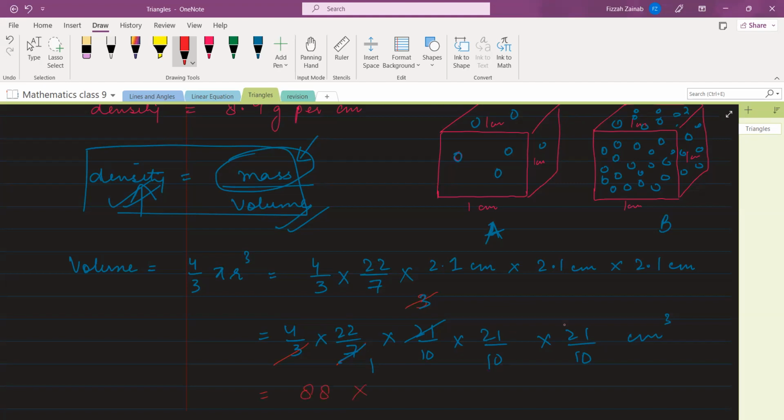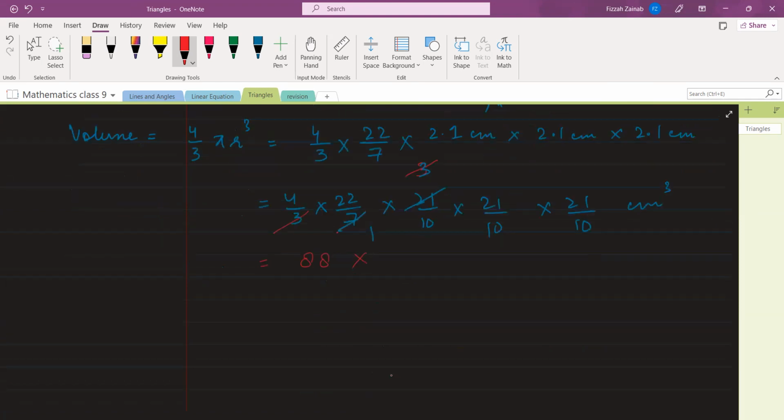And now multiply 21 into 21 quickly. Tell me how much is 21 into 21?